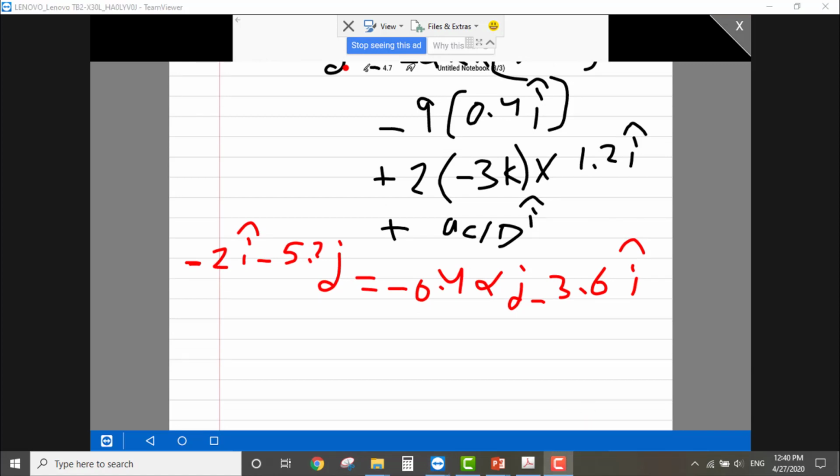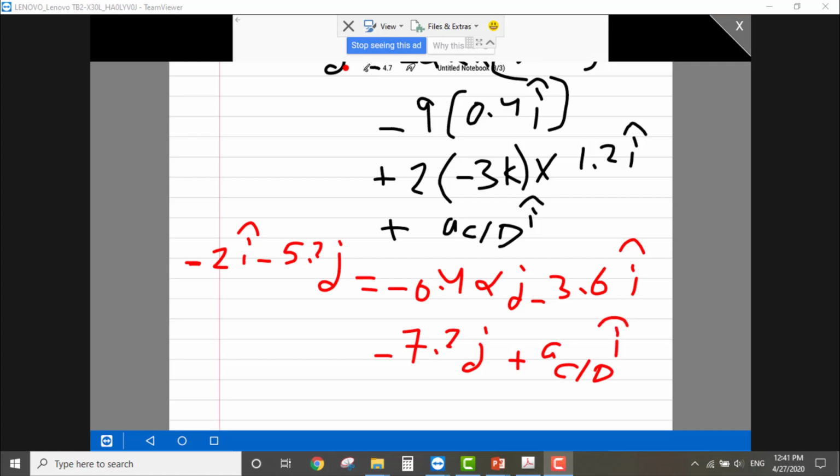Now 2 multiplied by 3, this is minus 6. K cross product I is positive J. Then this is minus 7.2 in the J direction, plus AC with respect to D in the I direction.